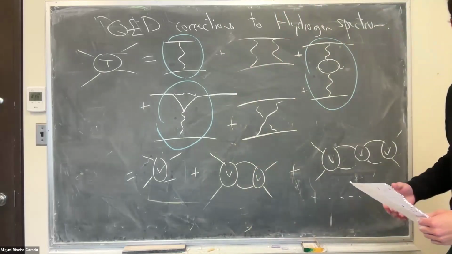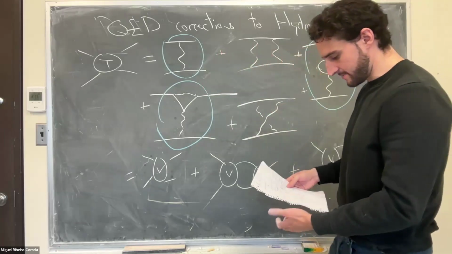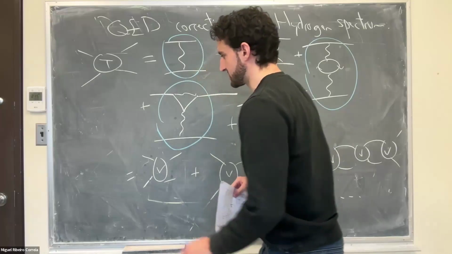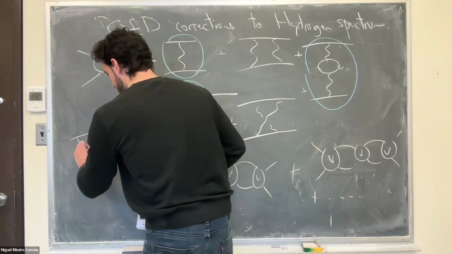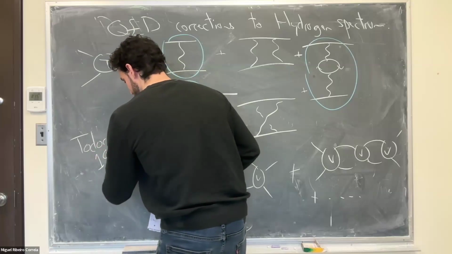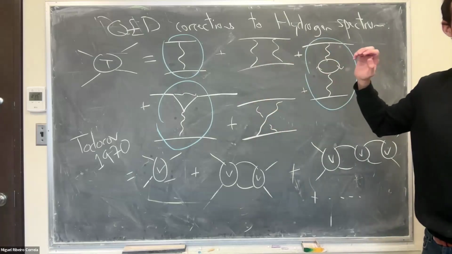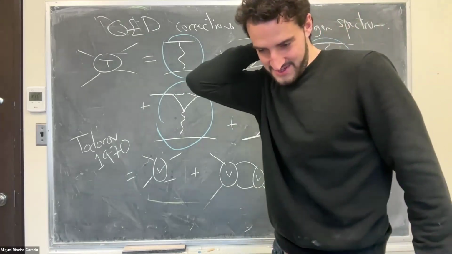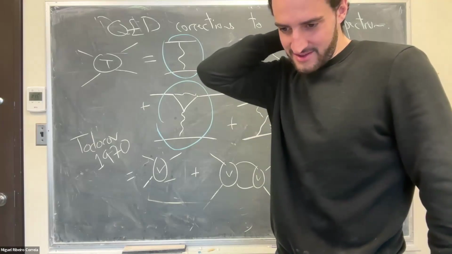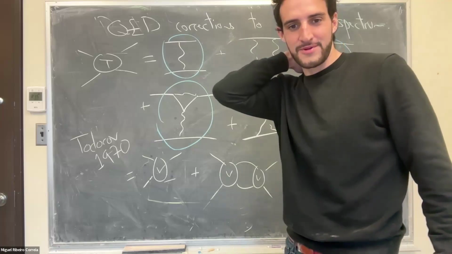That people computed in the 50s, even though they computed it in a different way. So this approach was done in this very nice paper, which is Todorov, 1970s. And actually, this was rediscovered a few years ago, around 10 years ago, when people started discussing gravitational waves using amplitudes.